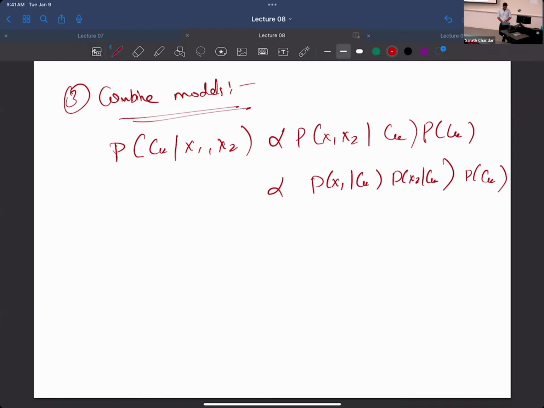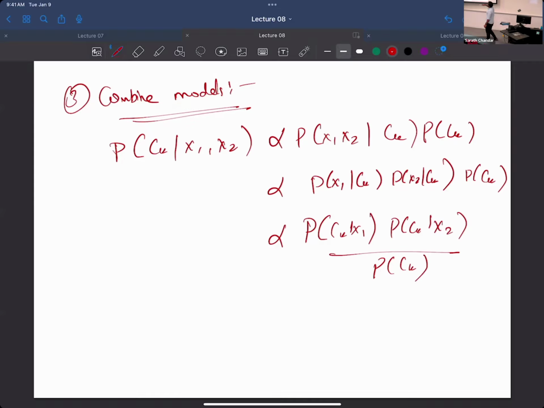Now I can flip the probabilities again and write it as P of ck given x1, P of ck given x2 by P of ck. What I have done here is essentially applying the Bayes rule one more time for these two.